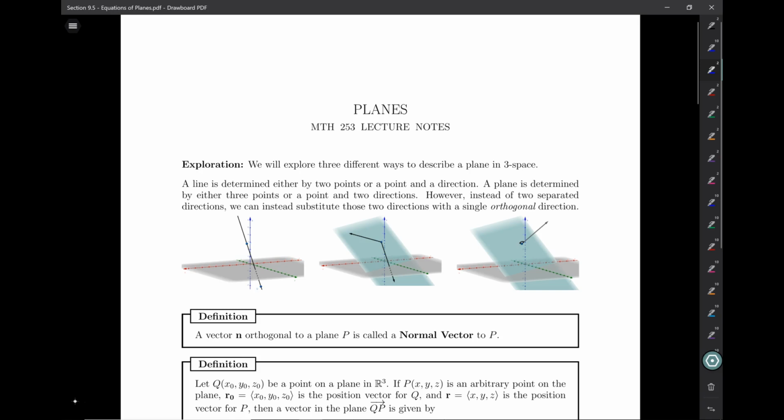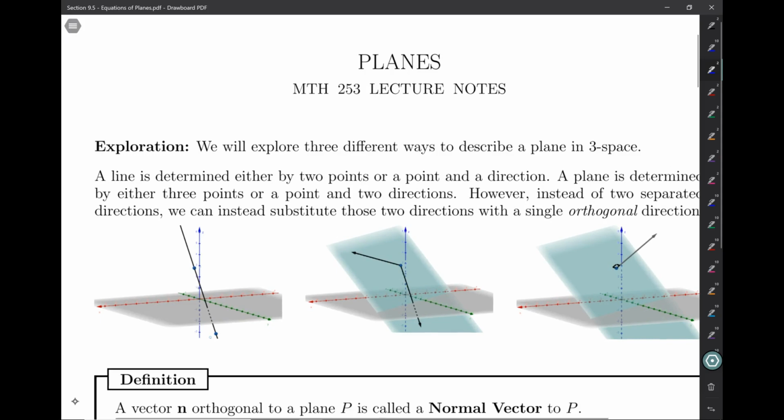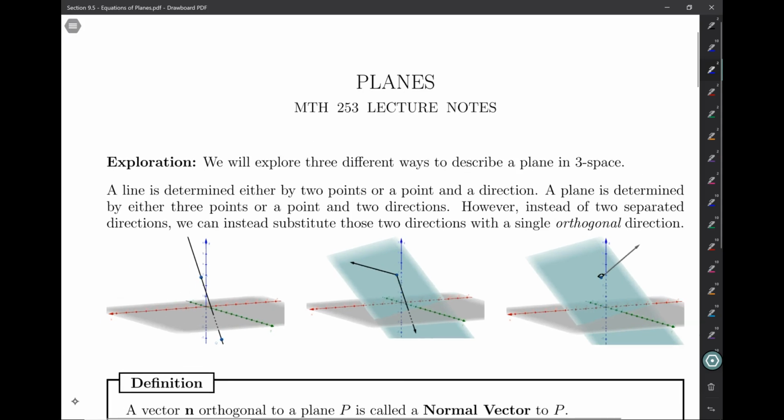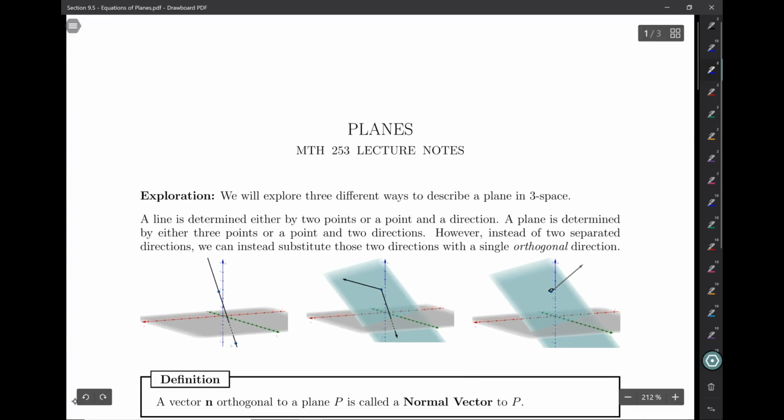A line, it turns out, is determined by either 2 points or a point and a direction. So, for example, let's say we have this point right here and this point right here. Then there's only one line that can be drawn on these 2 points. That line. Alternatively, we could just start with a single point and then point in a single direction.